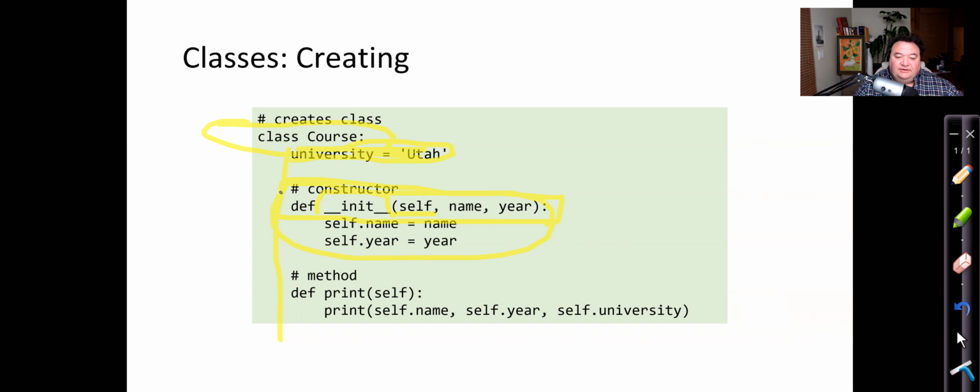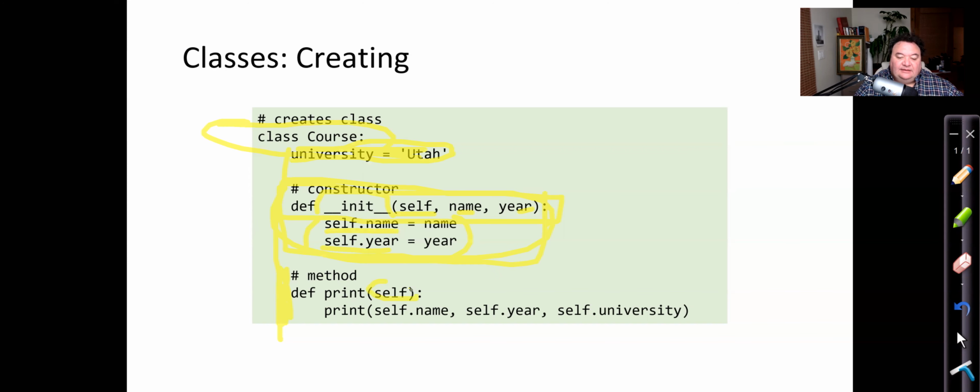So for example, if I create now an element of type class, I can give name and year. And so I can save them in local variables, self.name and self.year, and assign the value. And so that gets recorded. And then I can define a method. In this case, just print the value in the class. And so I have print self.